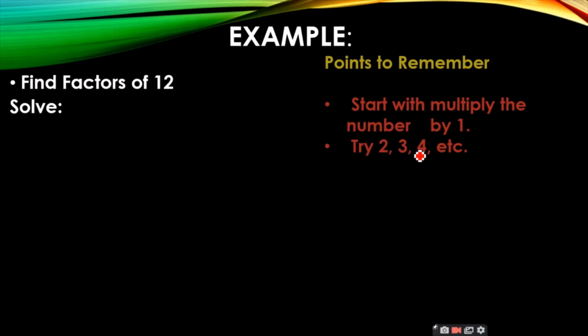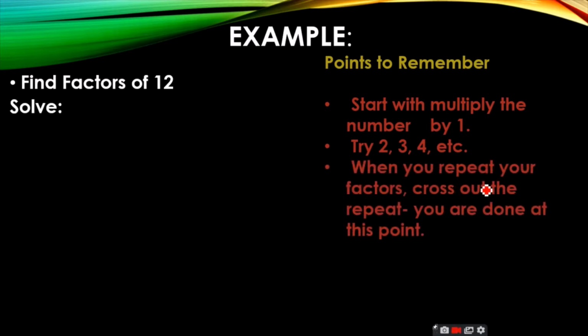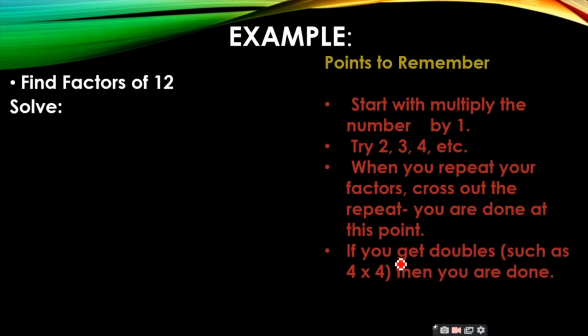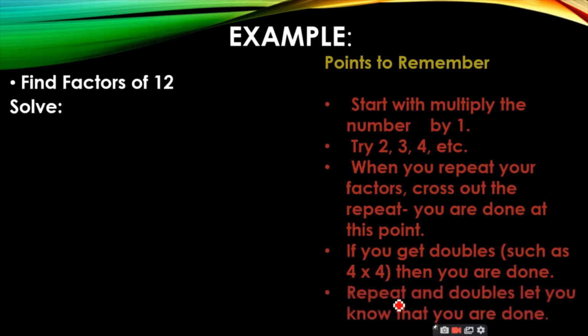Try 2, 3, 4, etc. When you repeat your factors, cross out the repeat. You are done at this point. If you get doubles such as 4 multiplied by 4, then you are done. Repeat and doubles let you know that you are done. So now let's solve the question to remember these points.